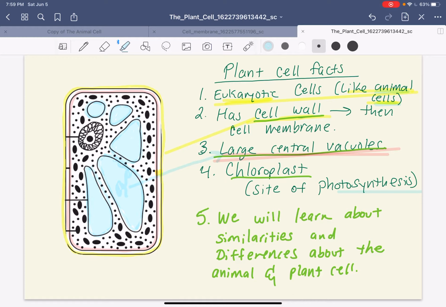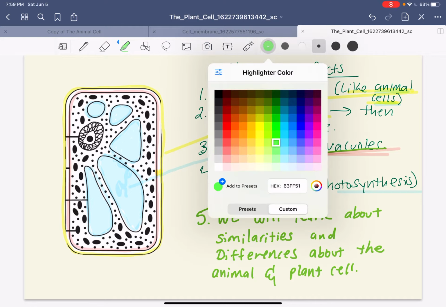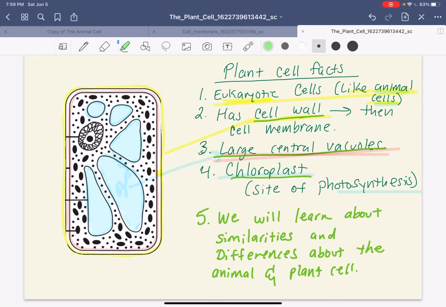Then plant cells also have chloroplasts. I'm going to pick green because chloroplasts are green. The way that you'll see chloroplasts in a plant cell on the Regents, it's these dark egg-shaped structures.